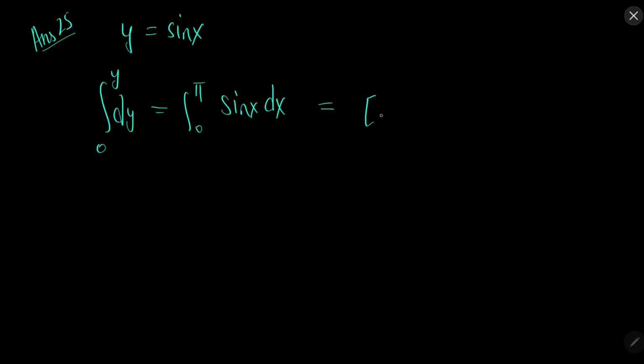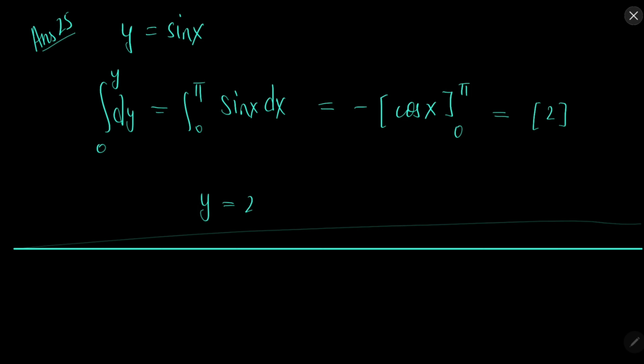After integration it will become minus cos x. Let's put minus outside, and limit from 0 to pi. So when you put the limit, you will find that it is 2.